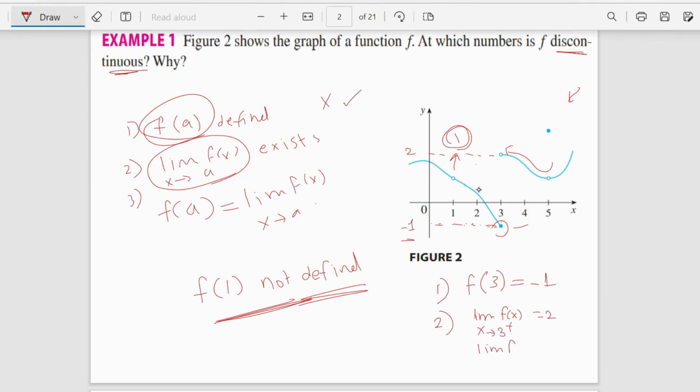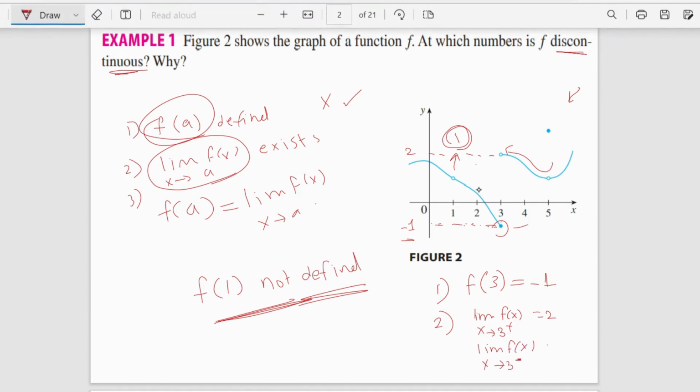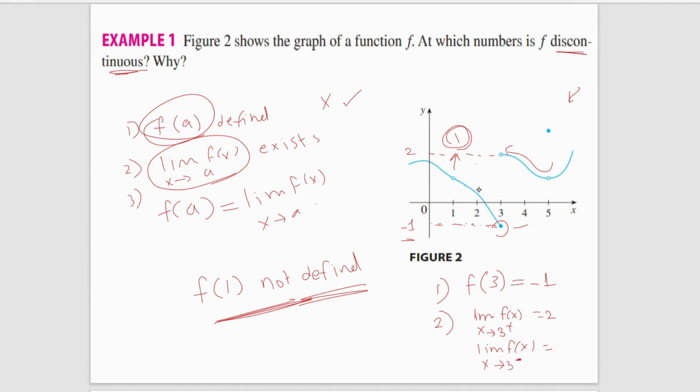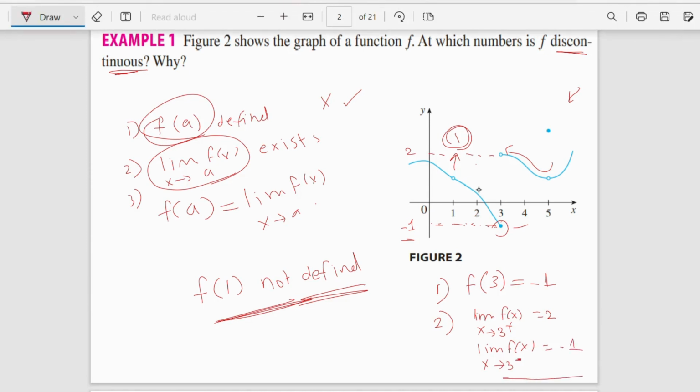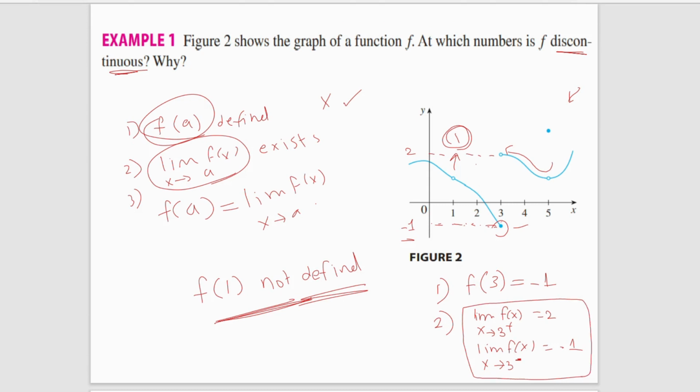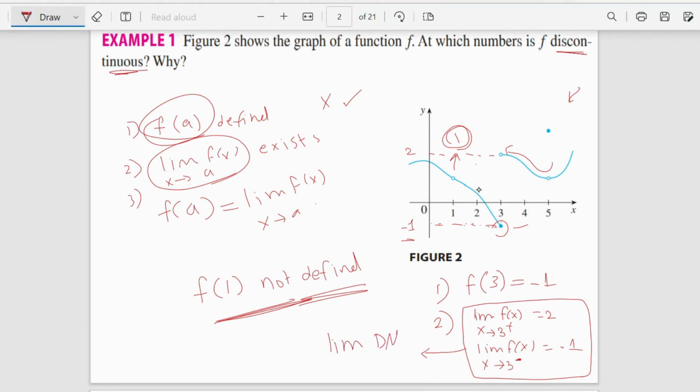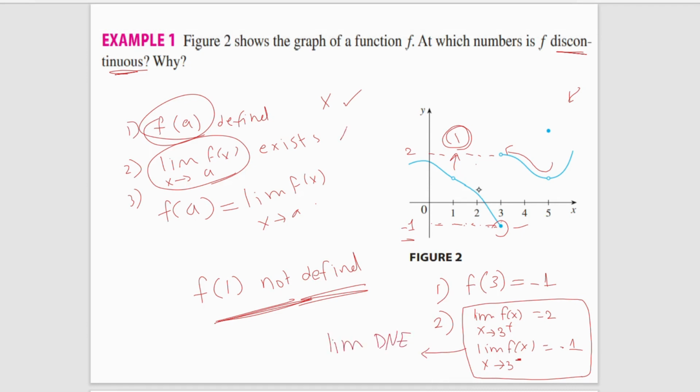And the limit of f of x when x goes to 3 from the left hand side is equal to negative 1. Since the limit from the right hand side is not equal to the limit from the left hand side, we can conclude that the limit does not exist, which means that the second condition is not satisfied. Okay? Therefore, it's discontinuous because the second condition is not satisfied.